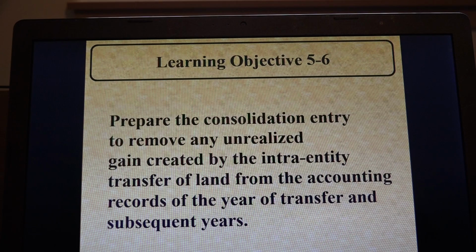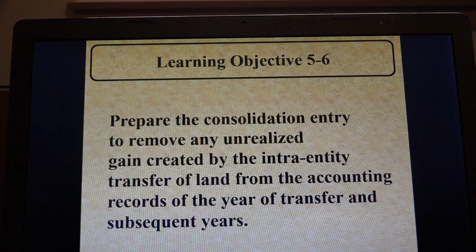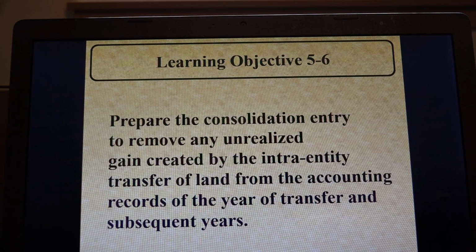All right, so that's all we're going to handle in this chapter. I just wanted to hit the sale of inventory, because by far that's the most prevalent type of transaction you're going to have in a parent-sub sort of relationship. You can have other types of transactions.